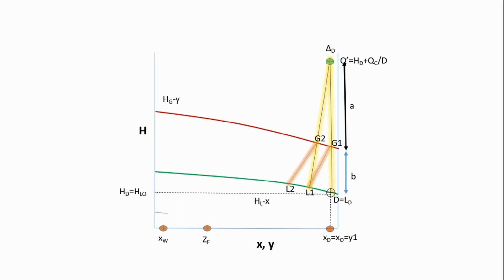So draw a tie line between G2 L2, join L2 to delta D, get the intersection point G3, get L3 point from equilibrium data, draw a tie line, draw operating line, get point G4.